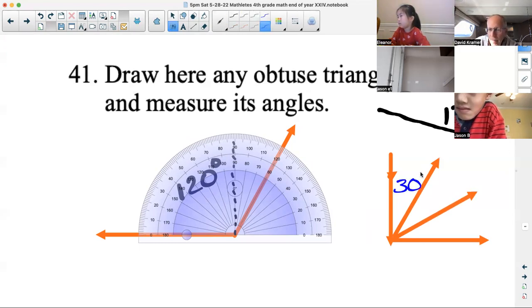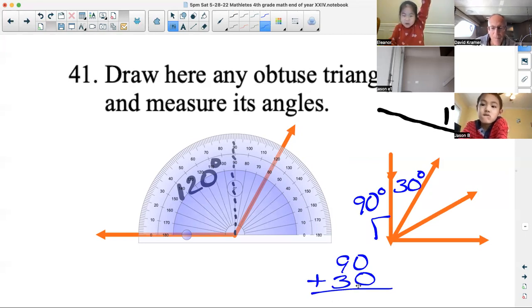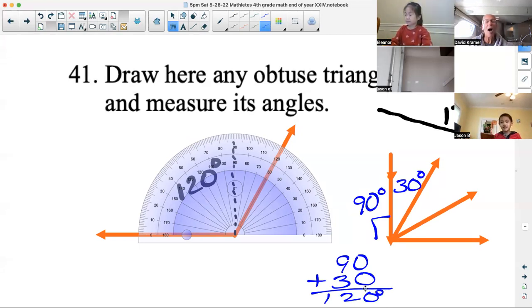So I said, if that angle's 30 and this angle's 90, what is the sum of 90 and 30? And everybody go, 120. And that is how I got my estimate. Now, I am very surprised because the last time I tried to draw it, I was off by 5 degrees. This time I was right on.